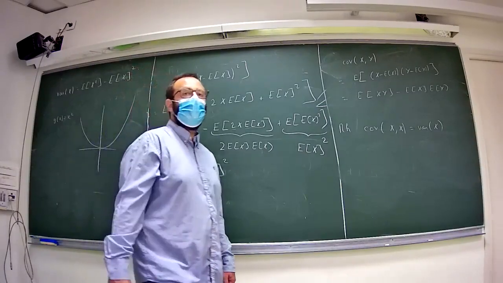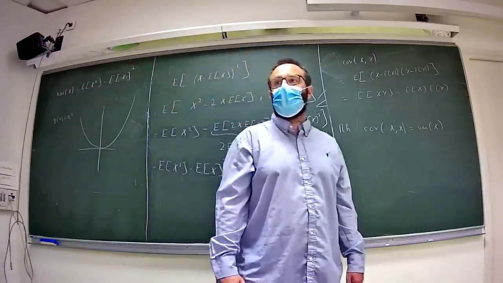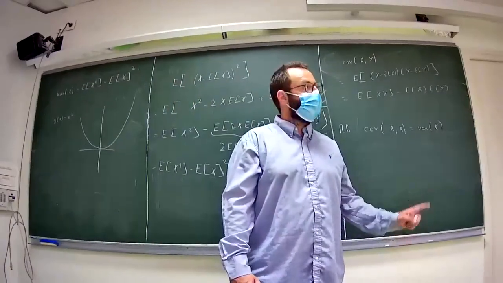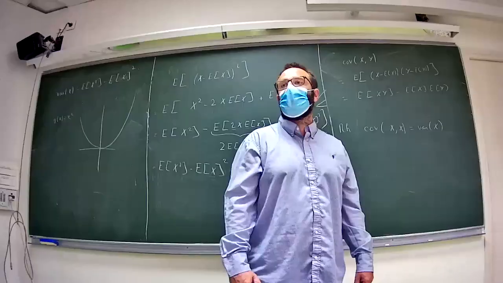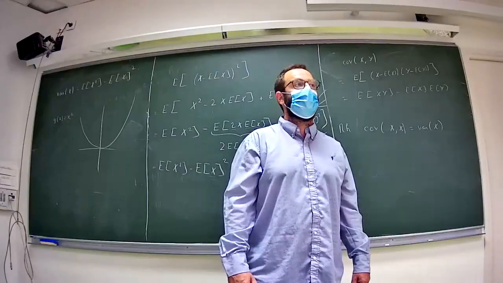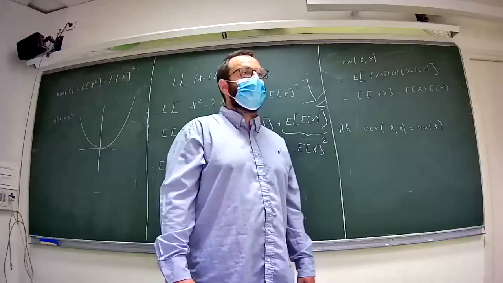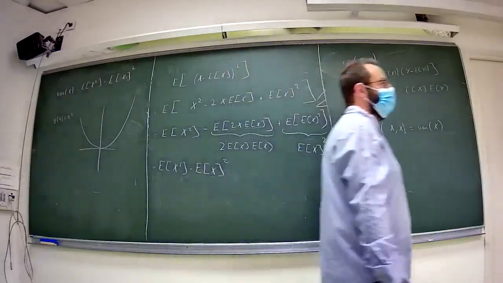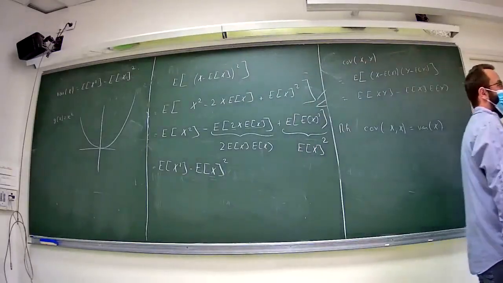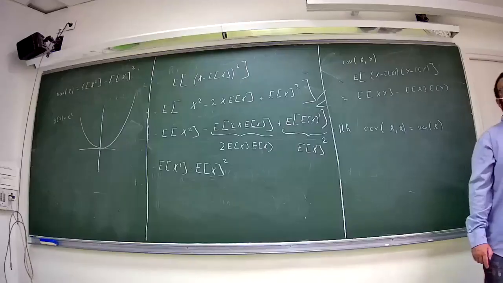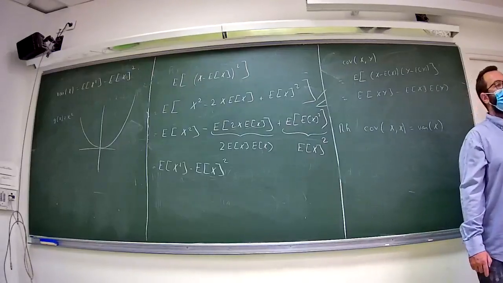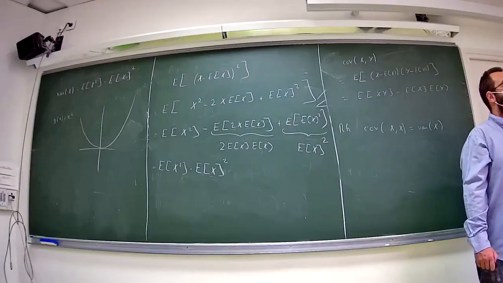Be careful, the converse is false in general. I have not written here that if the covariance is 0, they are independent. It's not true. We are going to see together a counterexample for this in tutorial. And you will see a chapter in this course dealing with what we call Gaussian vectors.